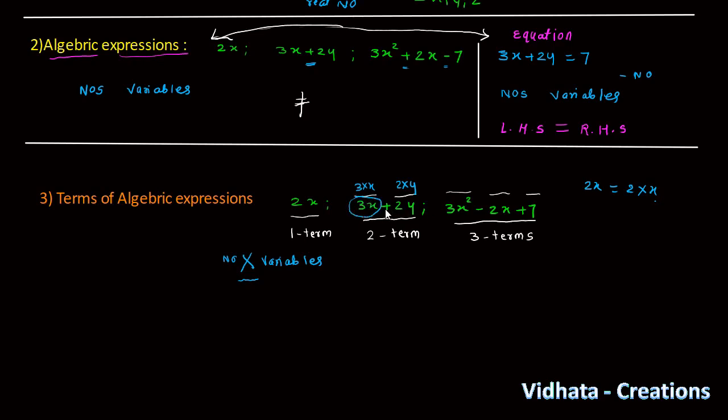And then after plus, second term starts. And likewise, in the third example, we have three terms that are holding the relation of only multiplication. Then what you understood about what is the meaning of term of an algebraic expression?